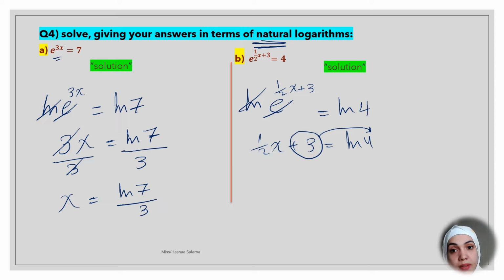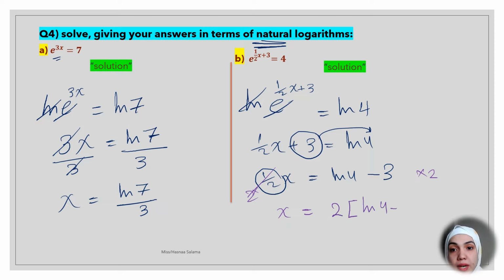The 3 goes to the other side with the inverse sign, so half x equal ln 4 minus 3. After that, I have a half, so I can multiply by 2 for both sides. It will cancel together, so x equal 2 brackets ln 4 minus 3. You can keep it like this, because he said in terms of natural logarithm.